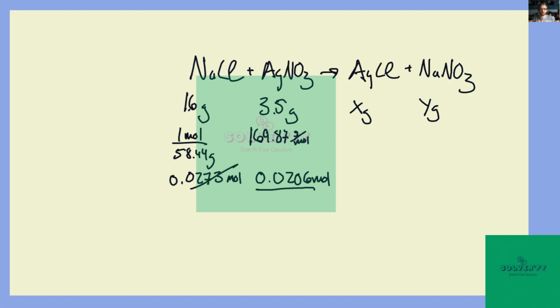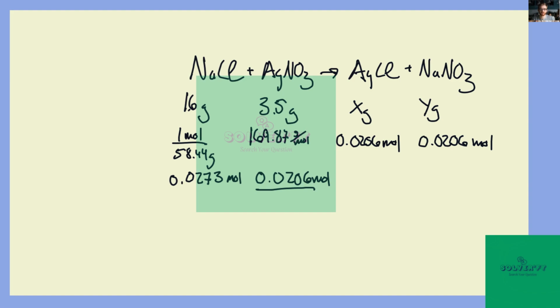Okay, so what we found out is that we have 0.0206 moles of silver nitrate, which means that because the stoichiometric coefficients on everything here is 1, we will end up with 0.0206 moles of silver chloride and 0.0206 moles of sodium nitrate. And so all we have left to do now is to use the molecular weight to go from moles to grams, right?